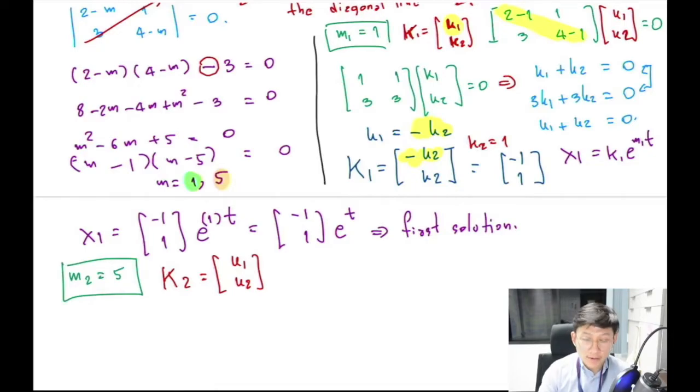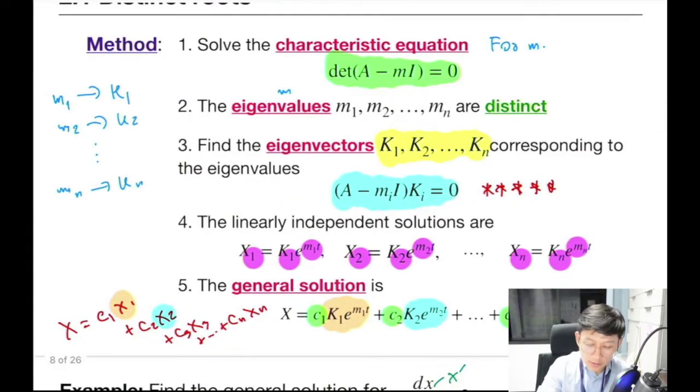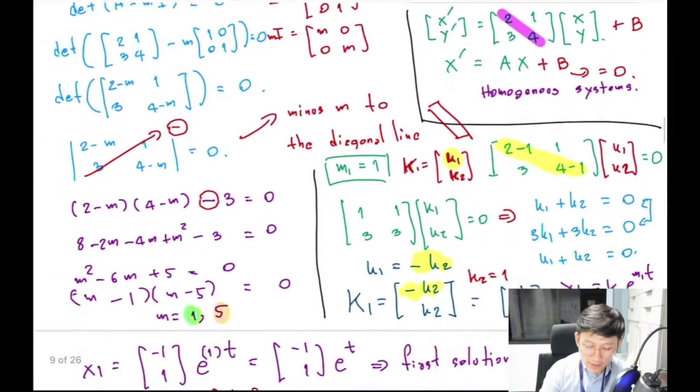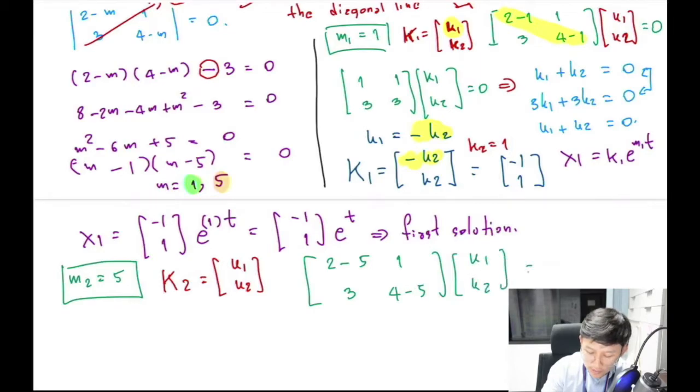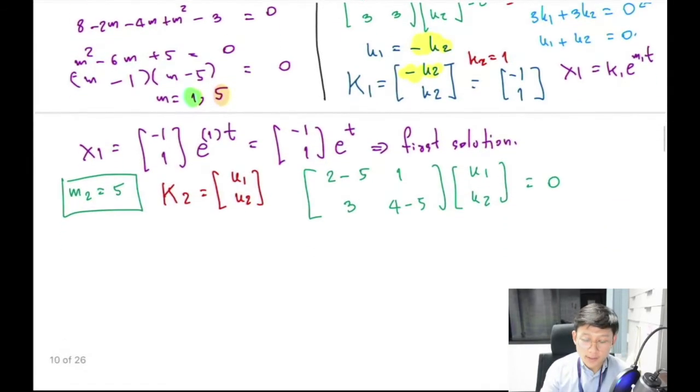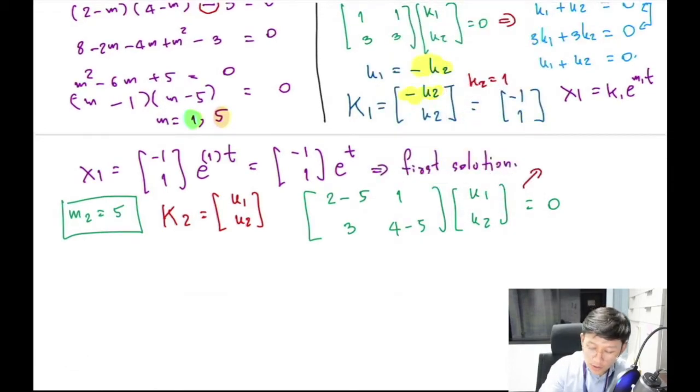We can find that using the equation A minus m2 I times k2 equals 0, because I is the identity matrix, so we subtract it from the diagonal. A is 2 minus 5, 1, 3, 4 minus 5, times k1, k2, equals 0.